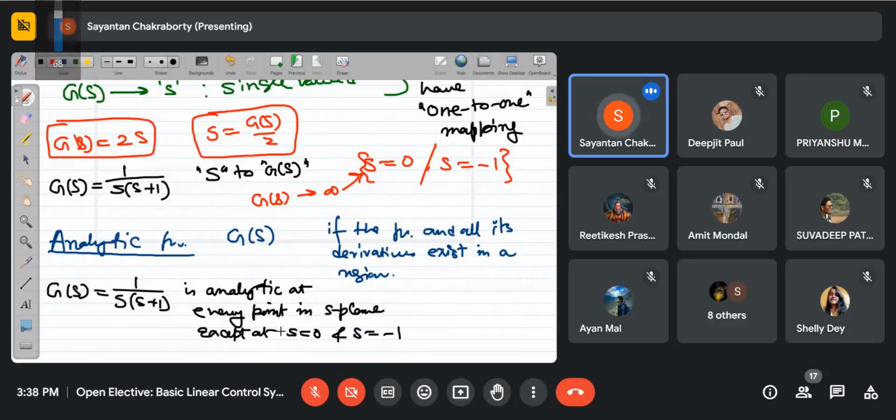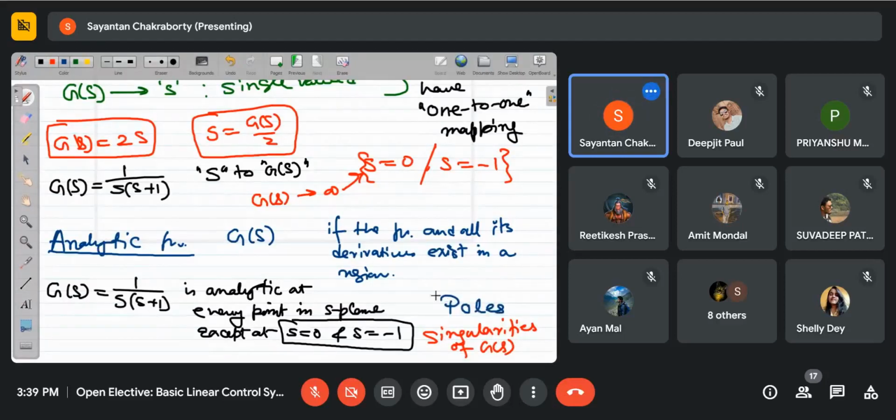So these are the singularities of G(s), that in common terms are called poles of G(s).